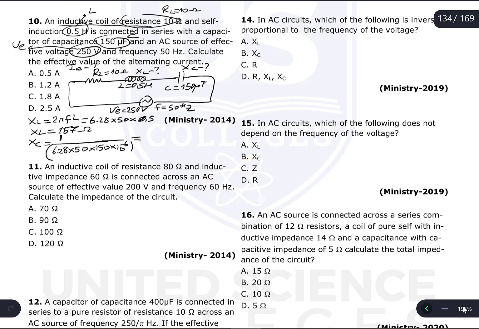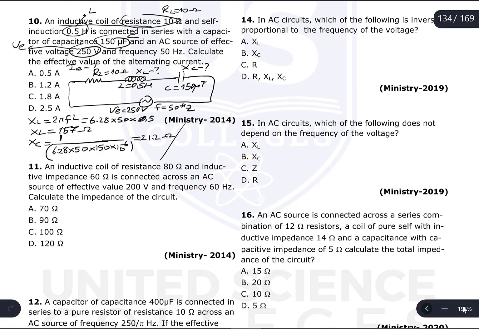So let's get the answer. 1 divided by, open bracket, 6.28 times 50 times 150 times 10 to the power of negative 6, close the bracket. Answer is 21.2. 21.2 ohm is XC.